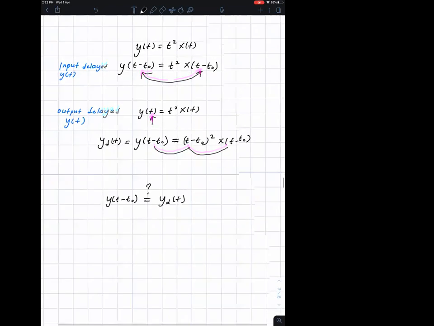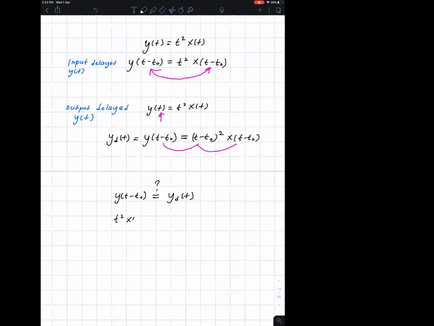It was t squared x(t) is equal to the output delayed output. Are they the same? Is the left side equal to the right hand side?